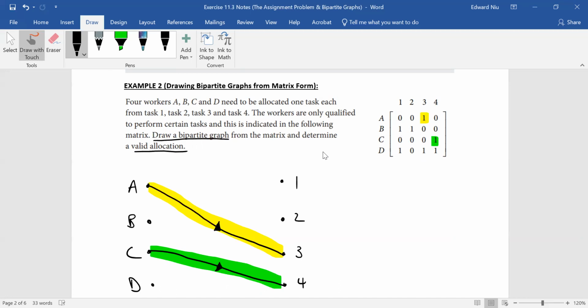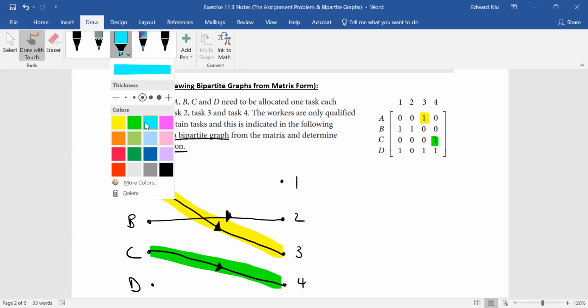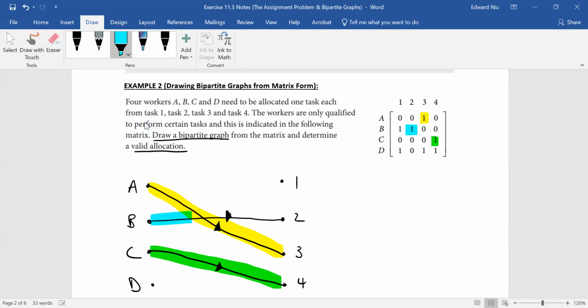So that's why B has to go and do job 2, since we actually can't physically allocate job 2 to person D. So here we've got person B going to do job 2. That is cyan. Well, that turns a green.